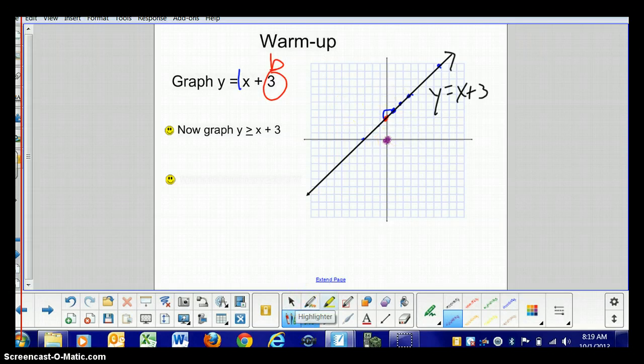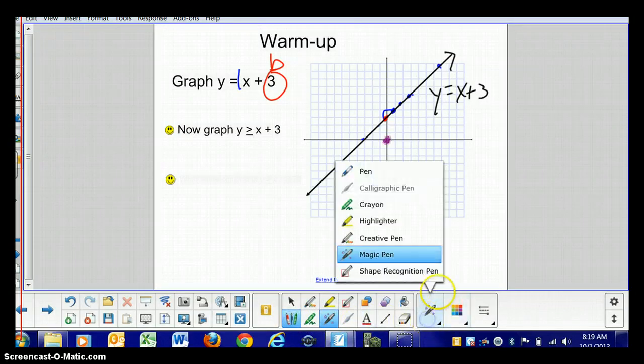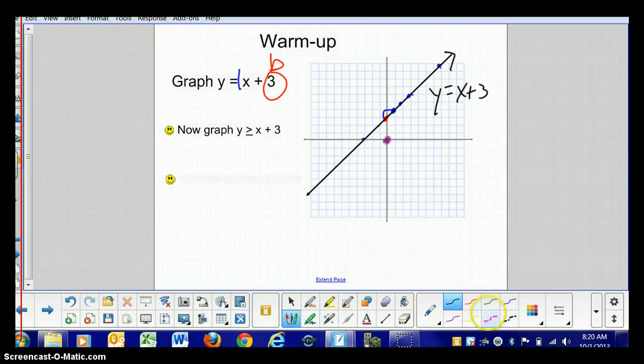So let's see what happens when I plug in 0, 0. I will go with, where's my marker? Pen, too much work. Alright, so is 0 greater than or equal to 0 plus 3?